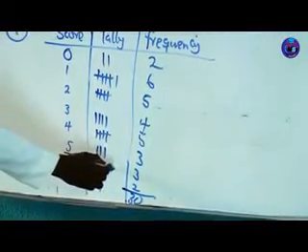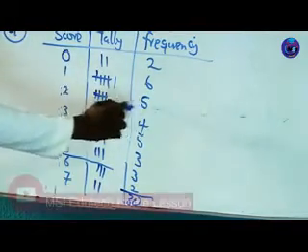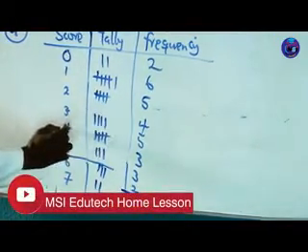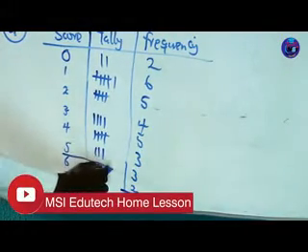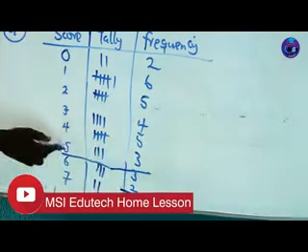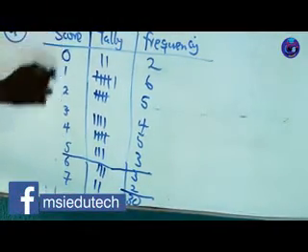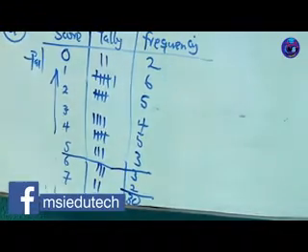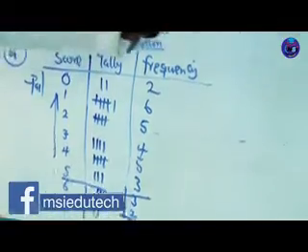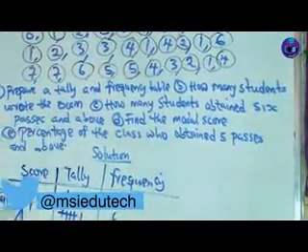Now, from here, you can see that from 5 downward, these people fail. Because the question is, how many students obtain 6 passes and above?